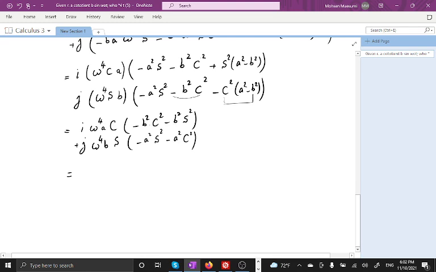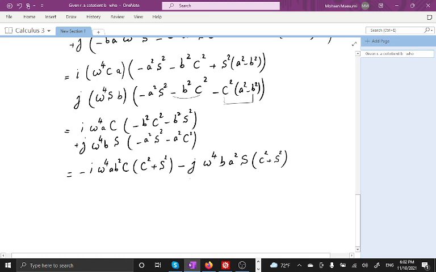I factor it out, so minus I omega to the 4 a b squared c times what's left, c squared plus s squared. Same thing here, minus j omega to the 4 b a squared comes out times s times, this is also c squared plus s squared.